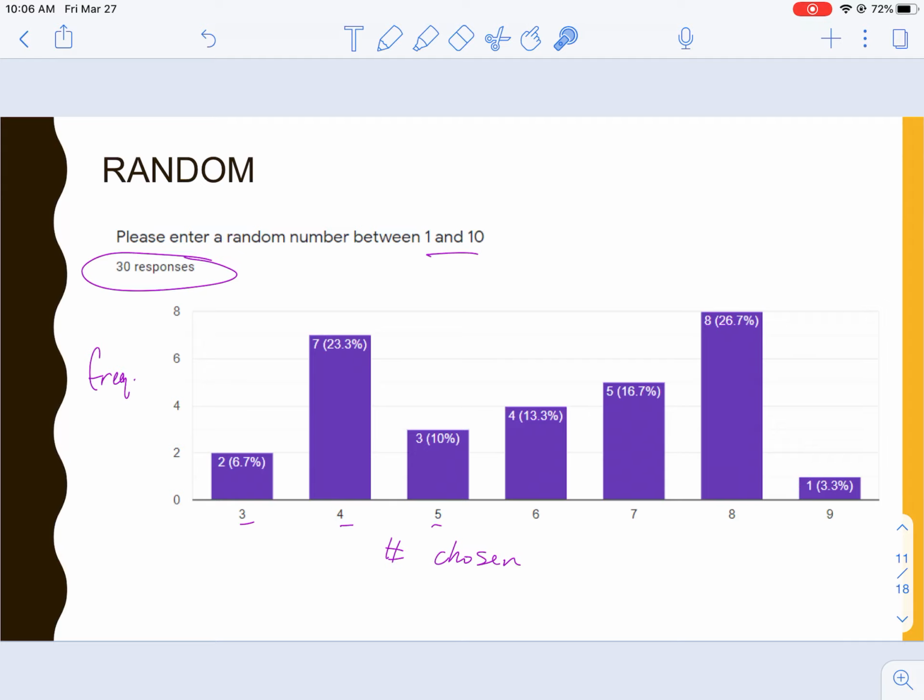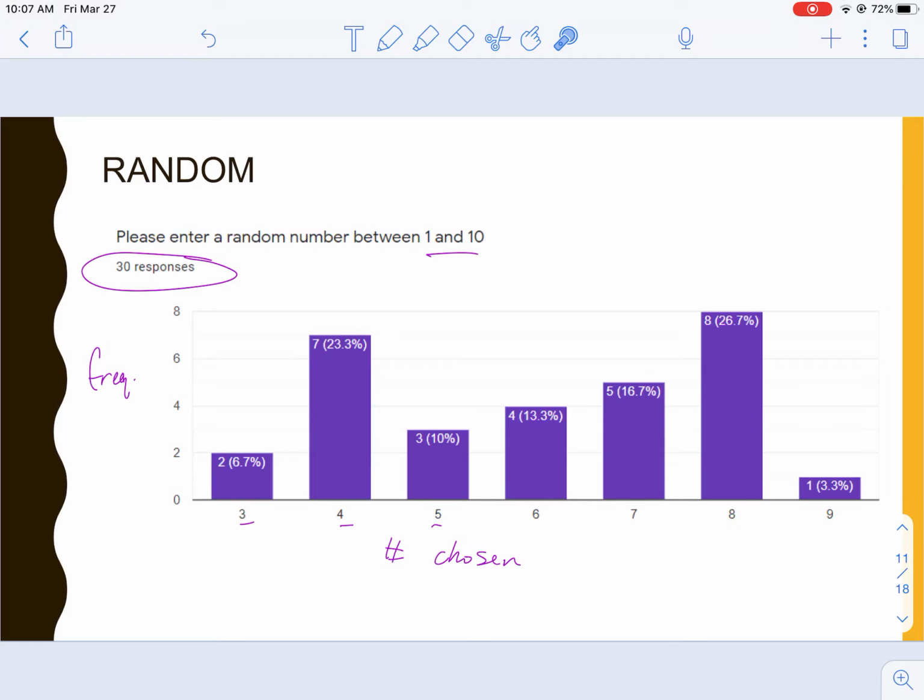Now, you see some variation here, and that's okay. But I would suspect there's some patterns. You'll notice nobody chose the numbers 1 or 2. Nobody chose the number 10. A lot of people chose 8, which is interesting.